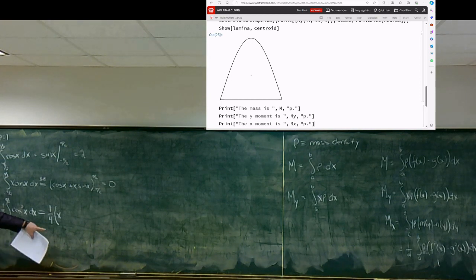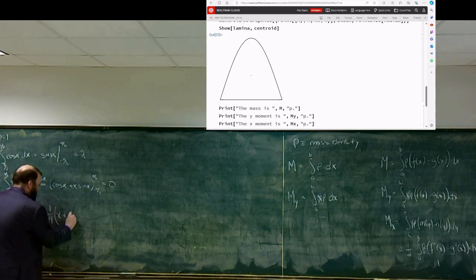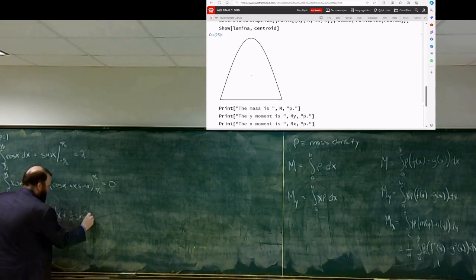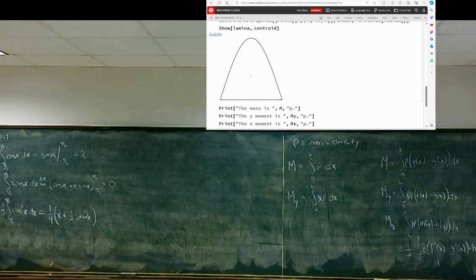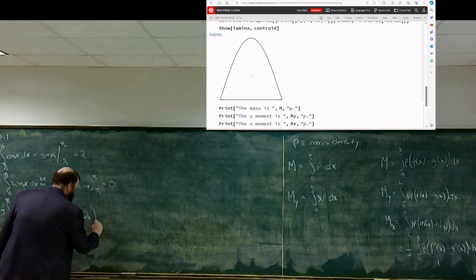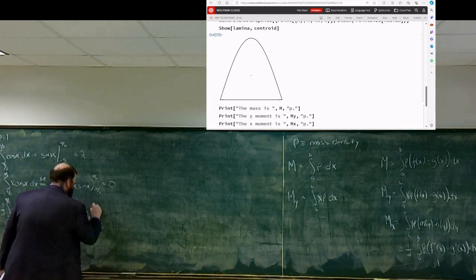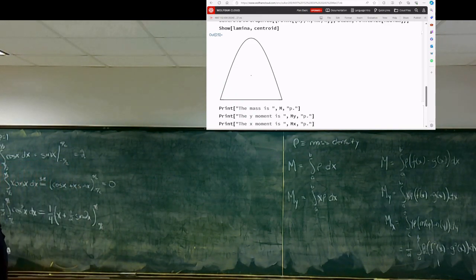Then you have antiderivative of 1 is x. Antiderivative of cosine 2x is a half sine of 2x, from minus pi over 2 to pi over 2.